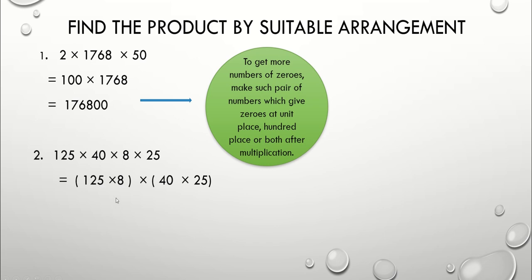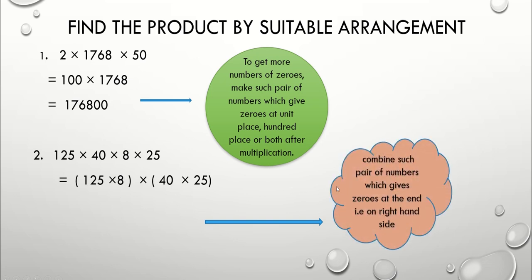I will get 0 in the unit place. And when you multiply 40 with 25, I know 40 and 25 will give you 0 at the end because 25 4s is 100 and I will put 1 0 at the end. Actually, in this multiplication, I will get 3 zeros at the end.